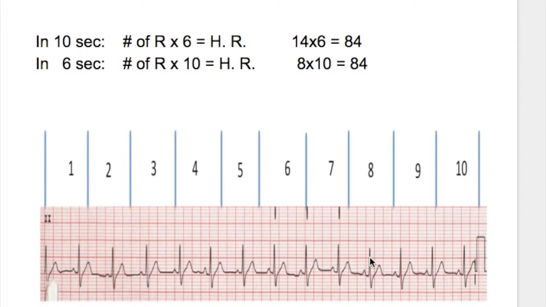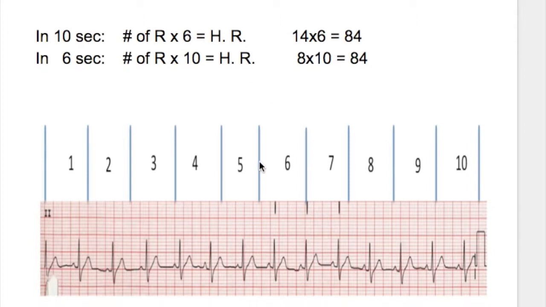Count the number of R's in the 10-second strip and multiply that by 6. That gives you the heart rate. In this strip, there are 14 R's in 10 seconds times 6. That gives you a heart rate of 84.